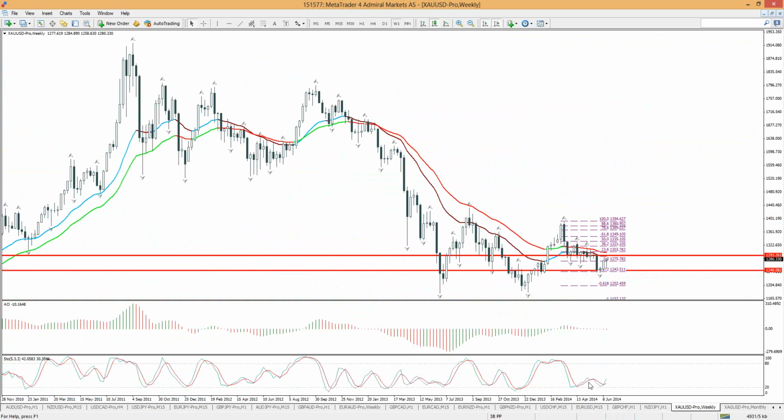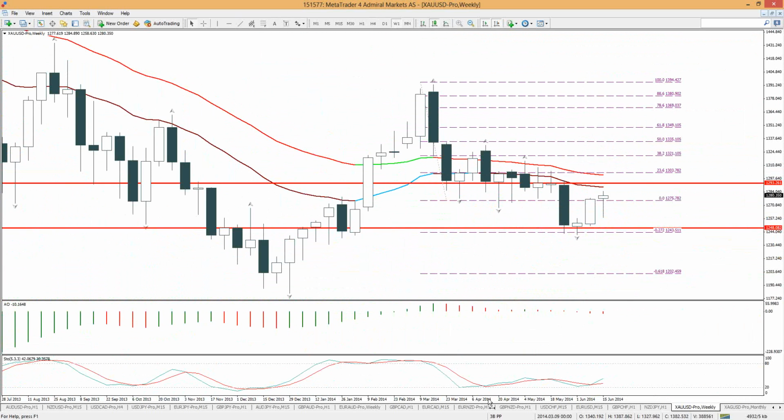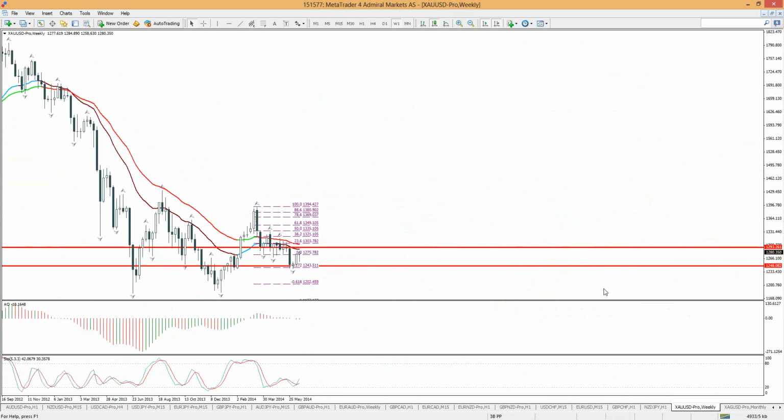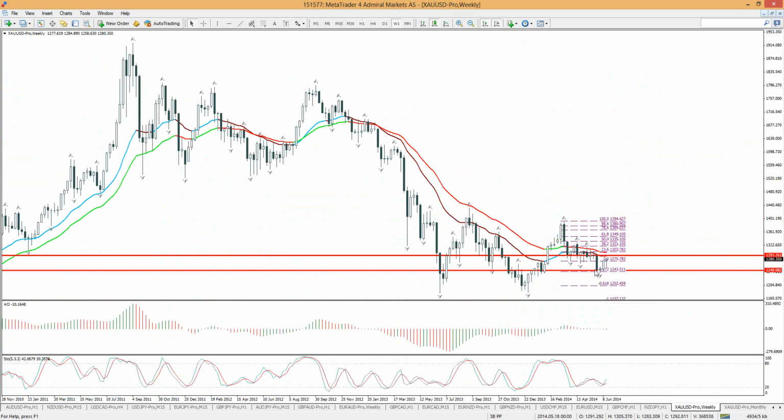On the weekly chart though, it's looking like price is going back to support, so we could see a bounce as we are seeing it on gold at the moment.